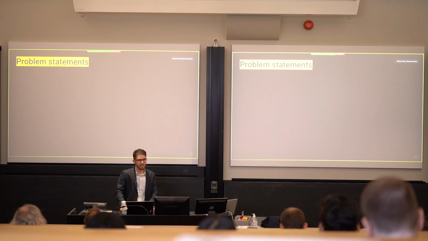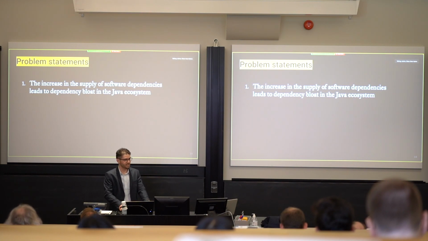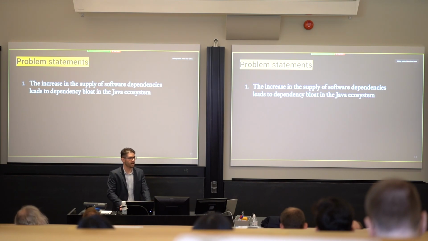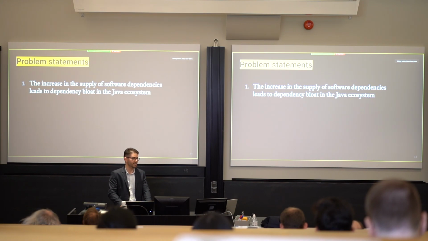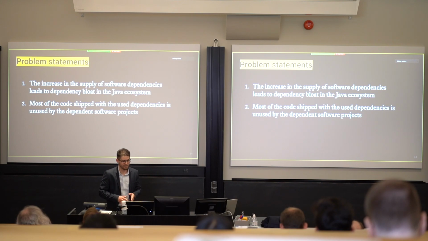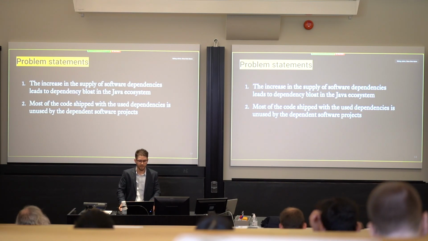So this situation leads to three problems. The first one is the increase in the supply of software dependencies, that leads to dependency bloat. In our case, we focus on this problem in the Java ecosystem. The second problem is that most of the code shipped with the dependencies is not used. Only some part is used.